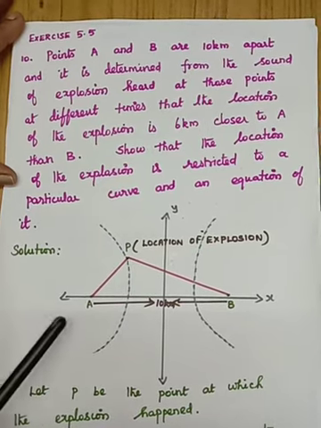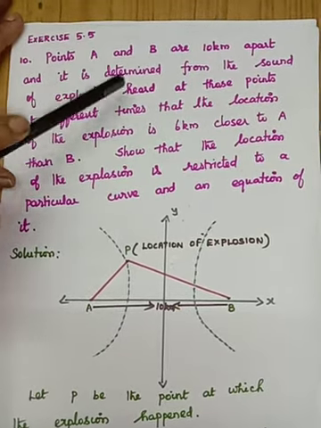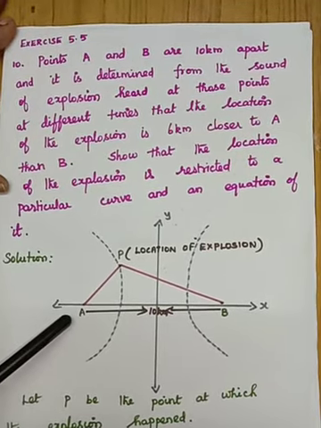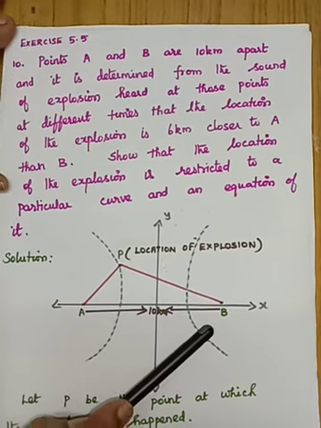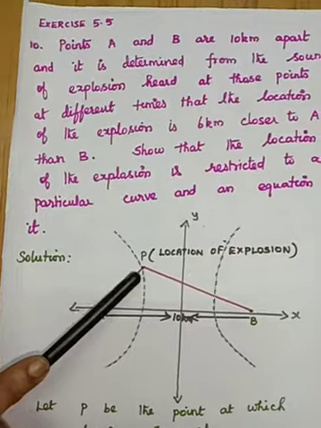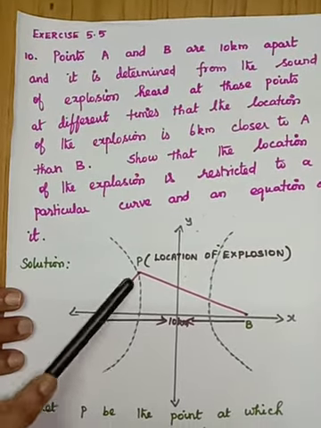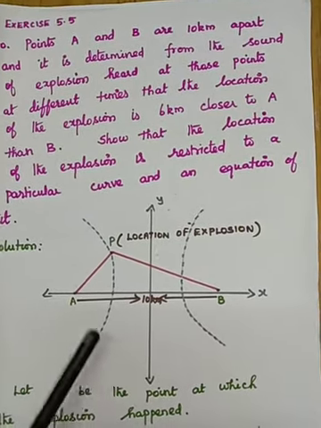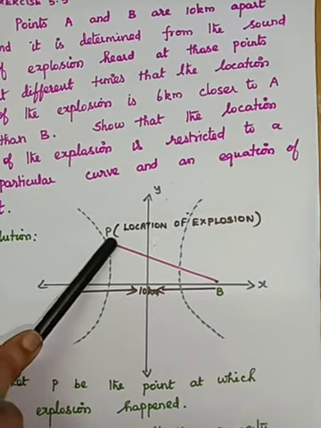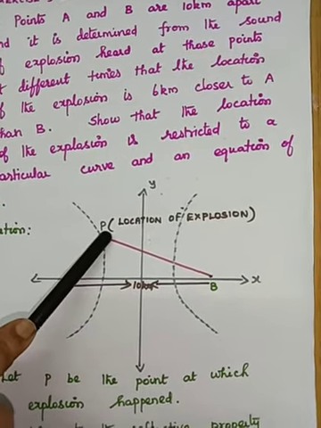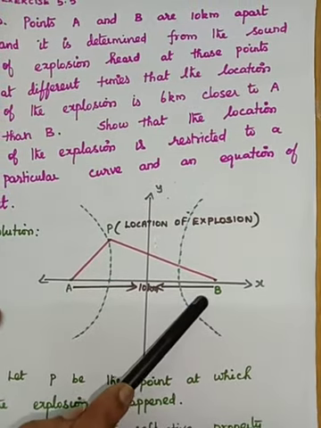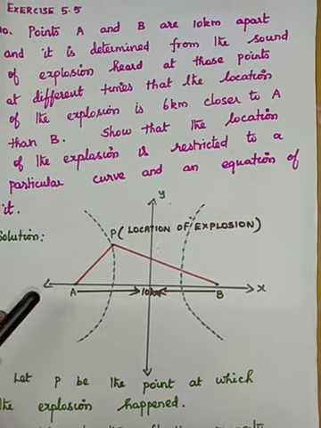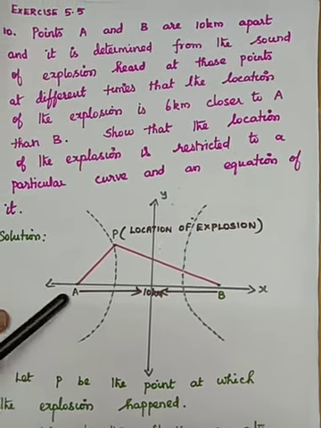Because of the sound heard at A and B, it is determined that the location of the explosion is 6 kilometers closer to A than B. See, at this point the explosion happened.